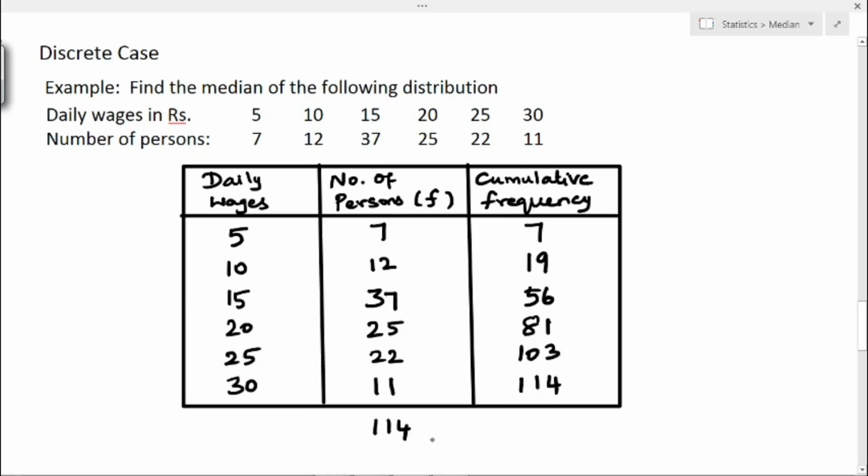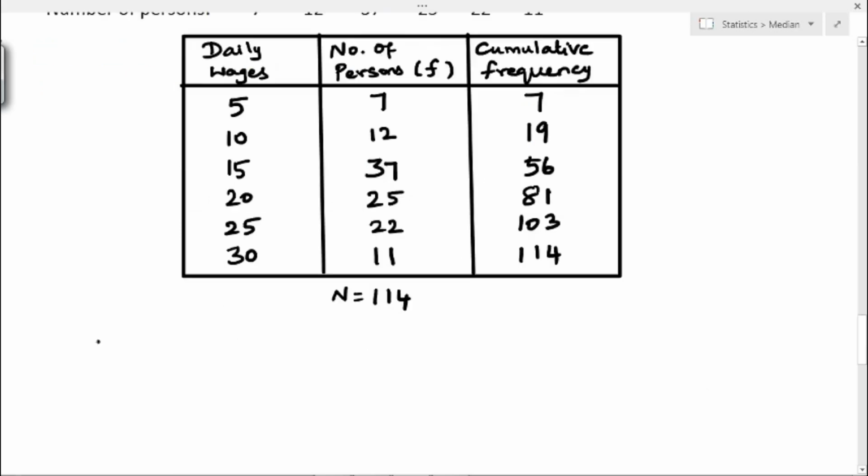Now we have to find the median value, so we calculate the size of the median. The formula is the (N+1)/2-th term. This is the discrete case, so we use capital N because we use the total. If it is an individual series, we use small n, that is the number of values.